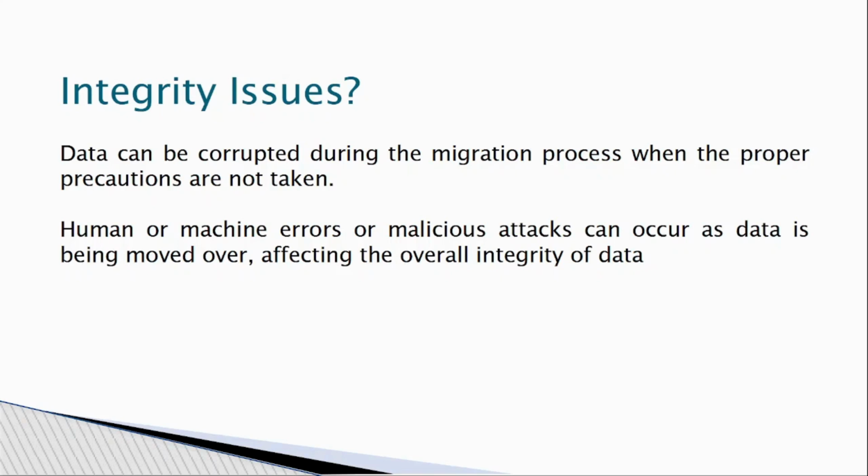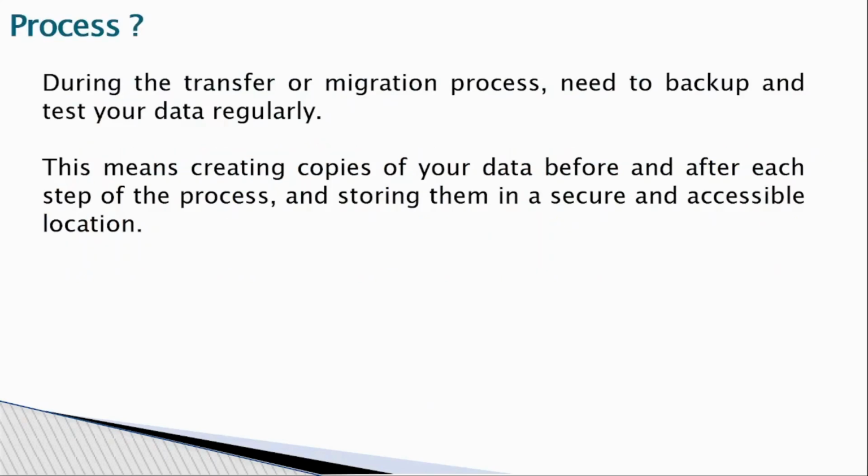For example, if two decimals are there, and instead you make it one decimal, 10,000 will become 1 lakh. Instead of two decimals, if you make three decimals, 1 lakh will become 10,000 rupees. So while moving from one system to another system, if you move a small decimal also, that value will be changed. All this comes under integrity issues.